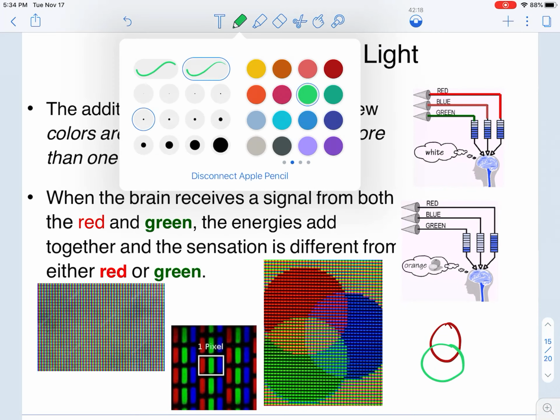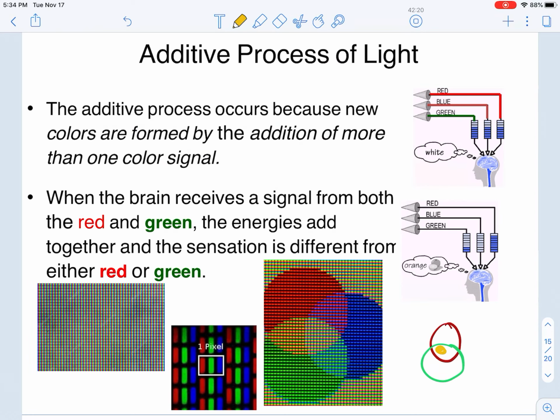So if I have red light and I combine that with green light, then where they overlap, this is going to create the color yellow. So if your brain receives a signal from the nerves that says red and green, then it's going to say, okay, I'm looking at the color yellow.